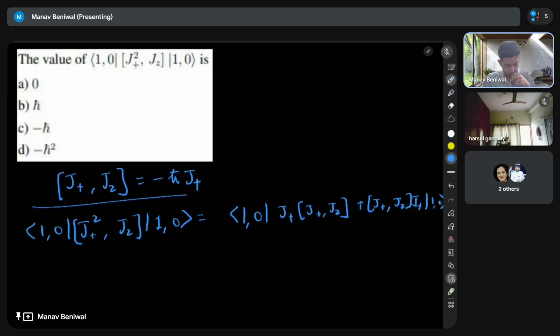What I have done is write j plus squared as j plus times j plus, and then expand this commutator into two terms.